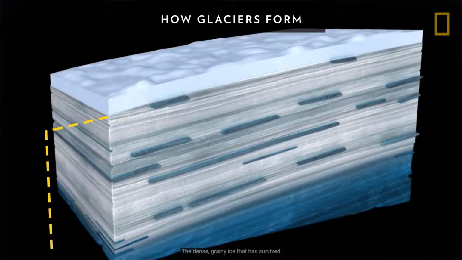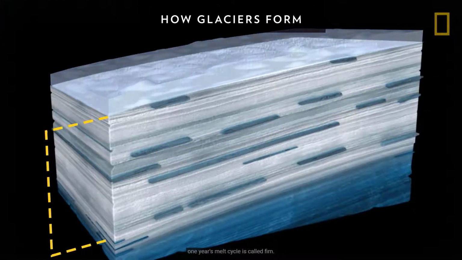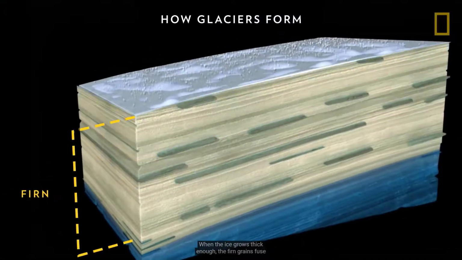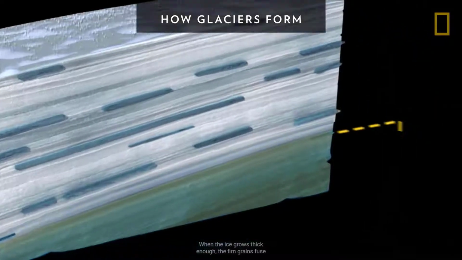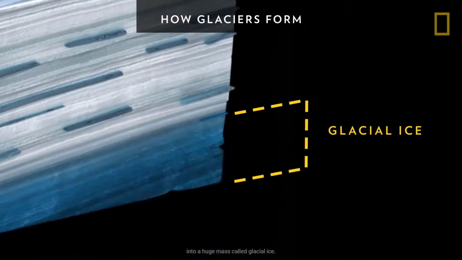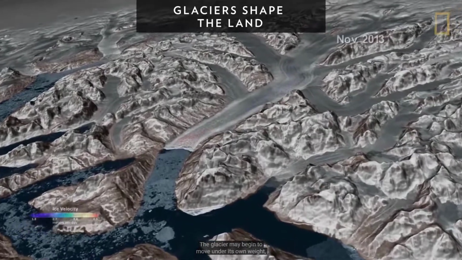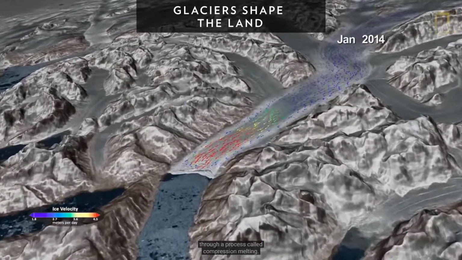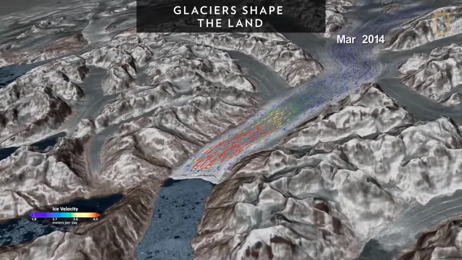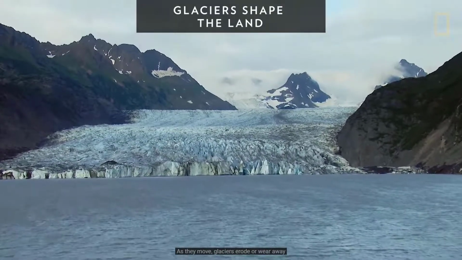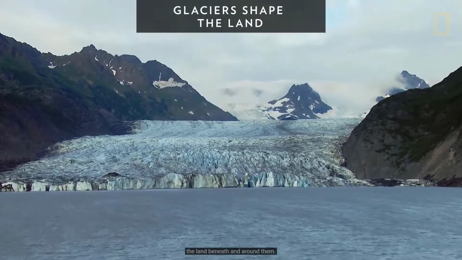The dense, grainy ice that has survived 1 year's melt cycle is called firn. When the ice grows thick enough, the firn grains fuse into a huge mass, called glacial ice. The glacier may begin to move under its own weight through a process called compression melting. As they move, glaciers erode or wear away the land beneath and around them.